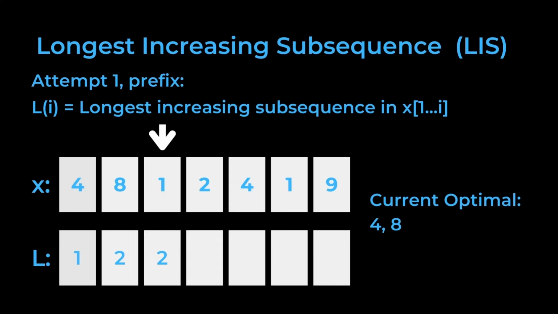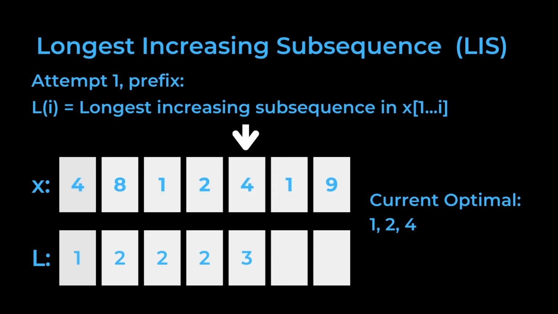When we get to 2, we get an interesting problem here. We now have two candidate sub-solutions. We've got 4 and 8 of length 2, and we also have 1 and 2 of length 2. So the current longest subsequence is still going to be 2. But things get really interesting when we get to 4. With 4, there's a cutover from the original solution with 4 and 8 to a new solution involving 1, 2, and 4.